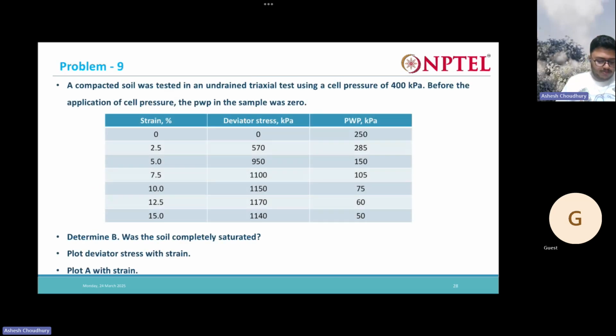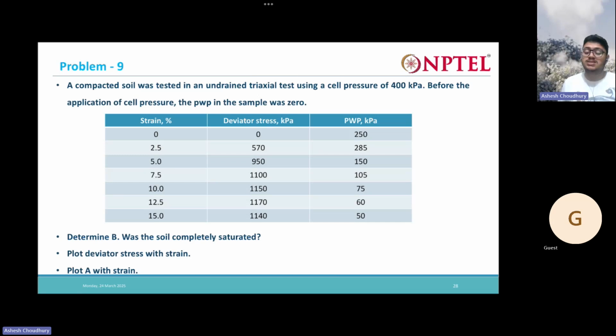Let us see this next problem. This solves very fast. A compacted soil was tested in an undrained triaxial test using a cell pressure of 400 kPa. Before the application of cell pressure, the pore water pressure in the sample was 0. These are the values of strain, deviator stress, and pore water pressure. Determine B. We need to check initially if the soil is completely saturated.